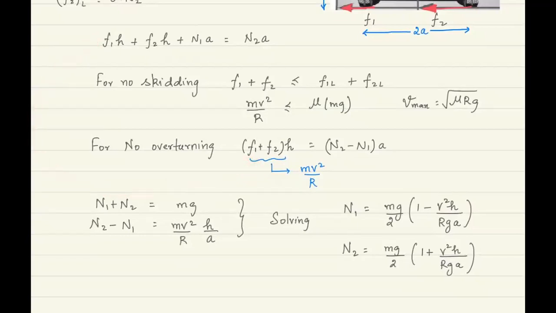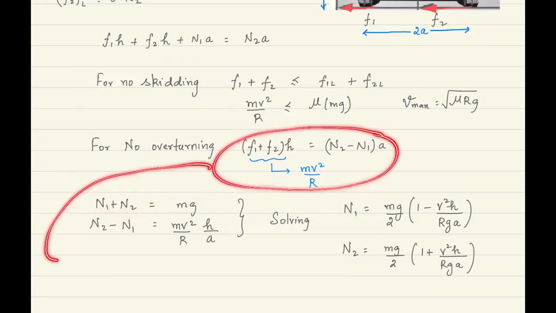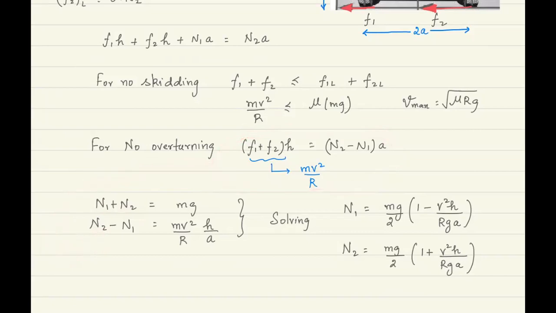Now N1 plus N2 should be equal to mg, and from this relation we get N2 minus N1 equal to mv square by r into h by a. Now you solve these two equations, you will get the N1 value and the N2 value. In fact, you don't have to remember these equations. Just subtract the two equations and you get N1, and if you add the two equations, you get N2. So I have simplified it and written the expressions for N1 and N2.